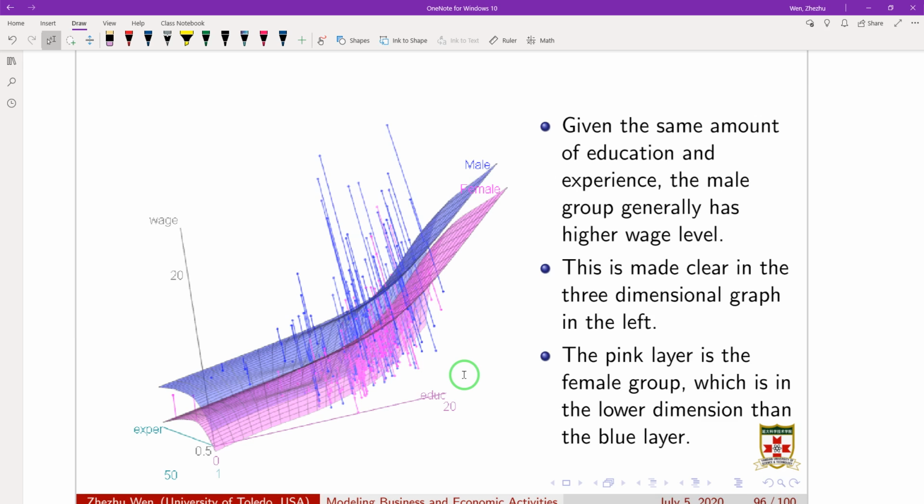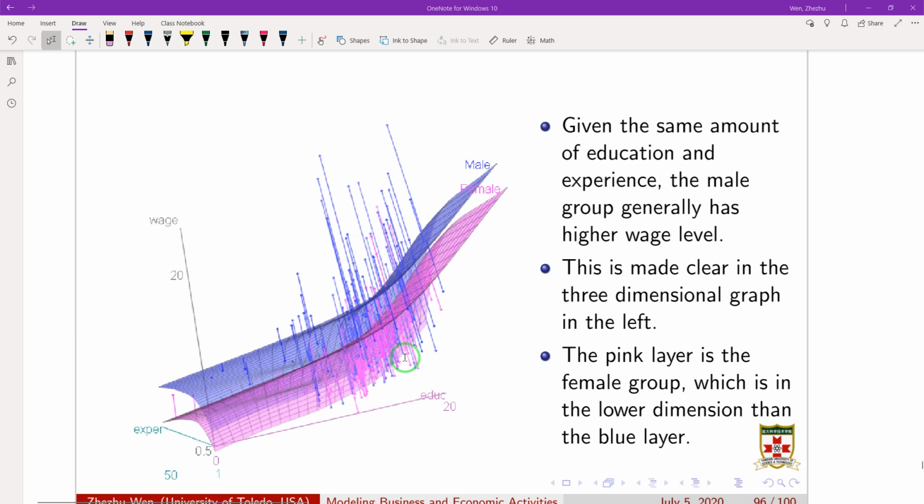However, when you have multiple x's, the relationship with y is very difficult to visualize in a pretty plot. So for example, in this case, I had to visualize the relationship between education, experience, and wage at the same time. As you can see, I have to use a 3-dimensional plot.